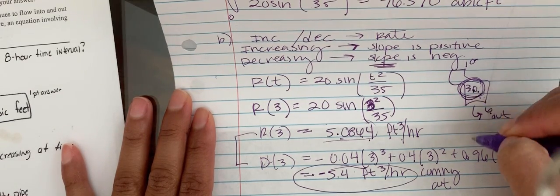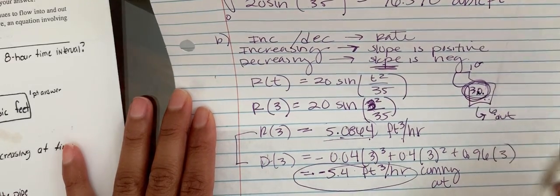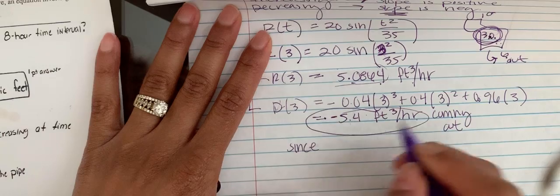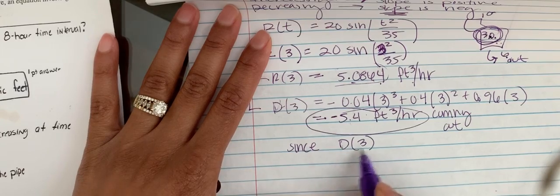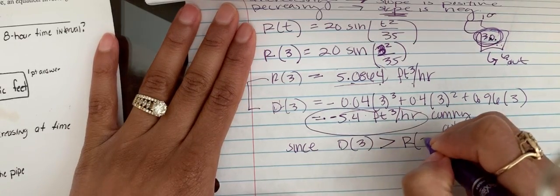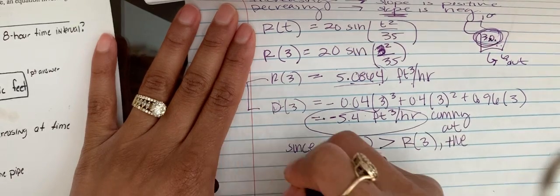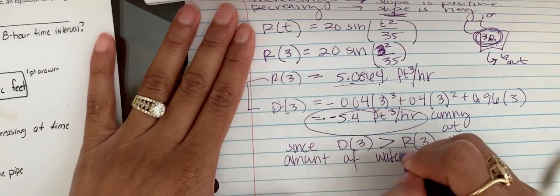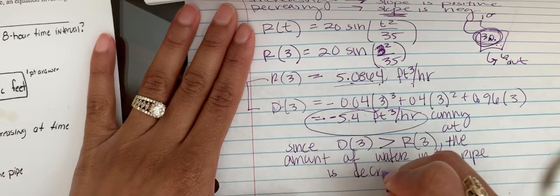Well, this water is going to start going down. So it's no longer going to be 30. It's going to be decreasing, like 29, 28. It's going to go down because more water is coming out. So how do we justify that? Since the amount of water coming out is bigger or more than the amount of water going in, the amount of water in the pipe is decreasing.